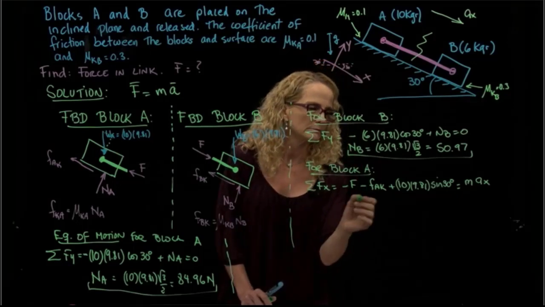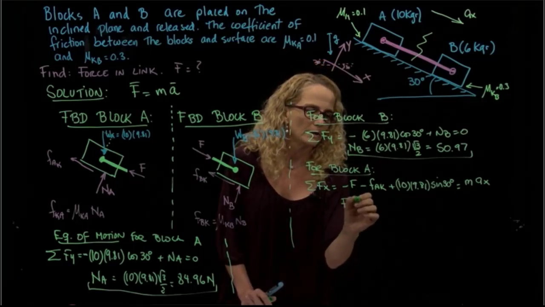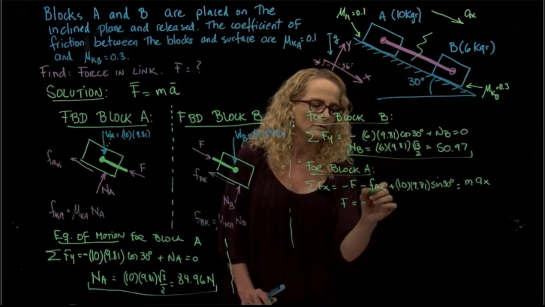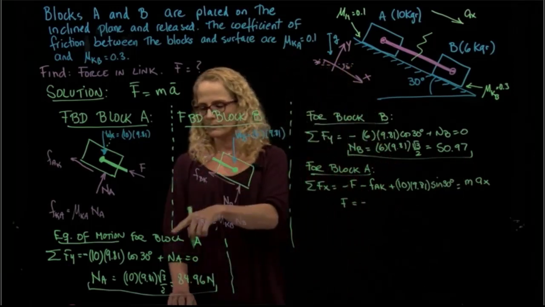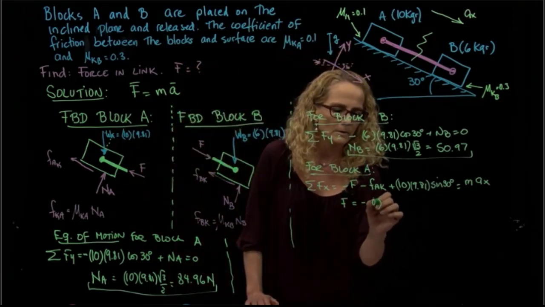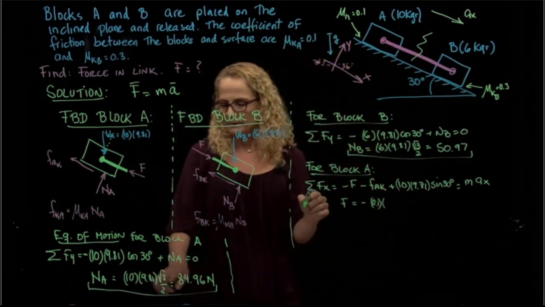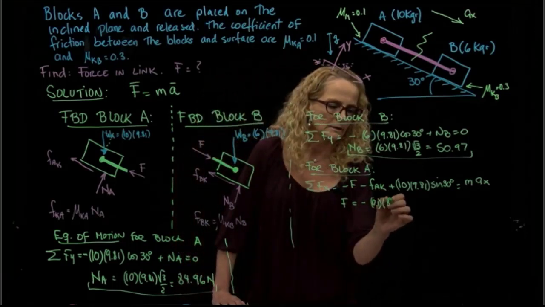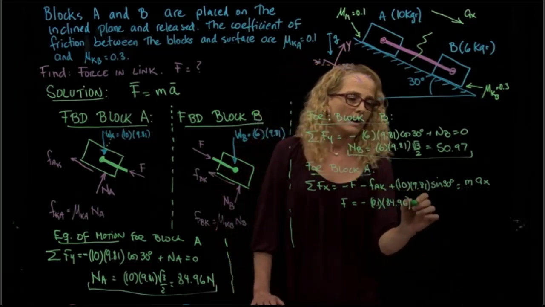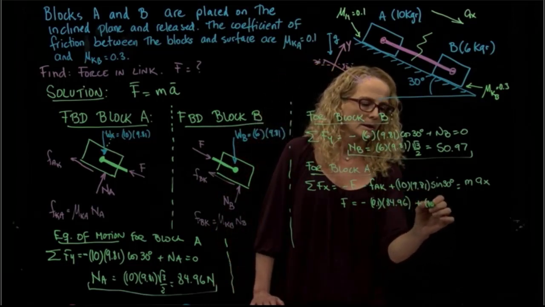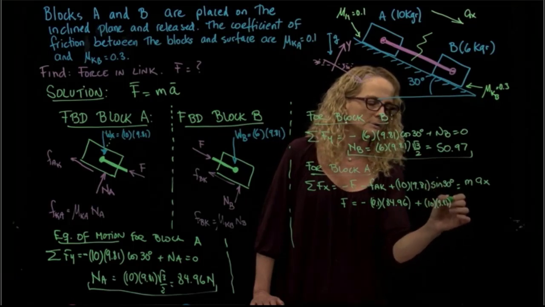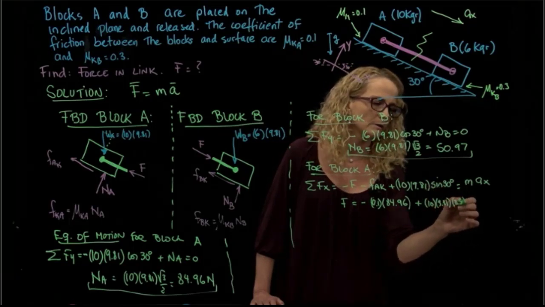I can actually write it like F equals, I'm going to pass F to the side, equals negative mu A, which is 0.1, times the normal, which I got is 84.96, plus 10 times 9.81 sine of 30, 0.5, right?